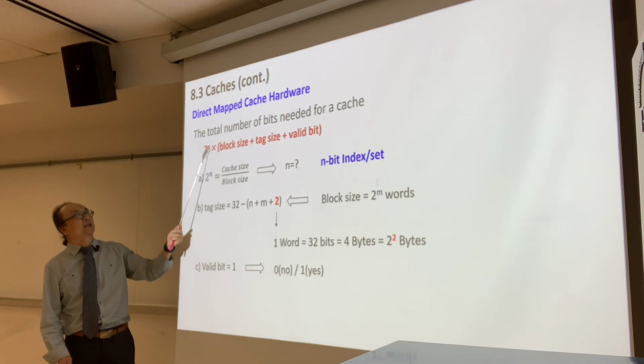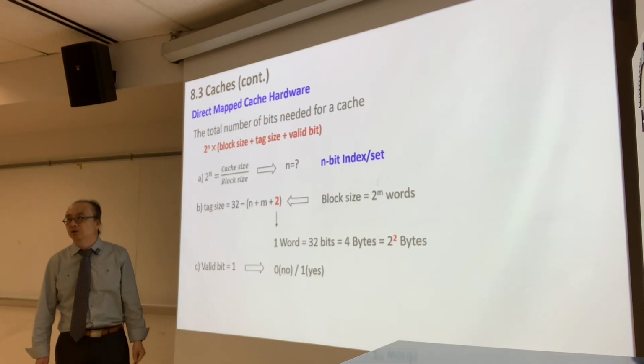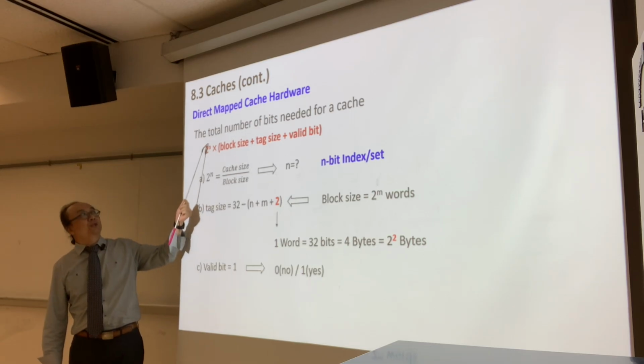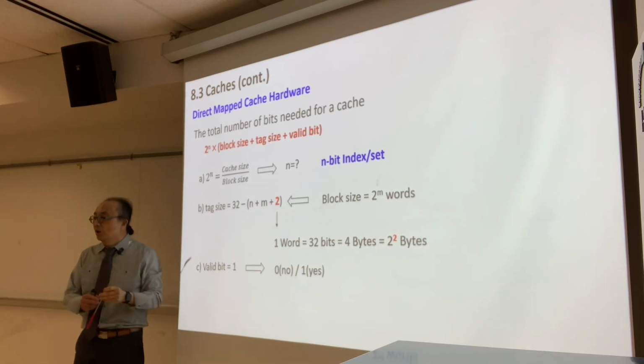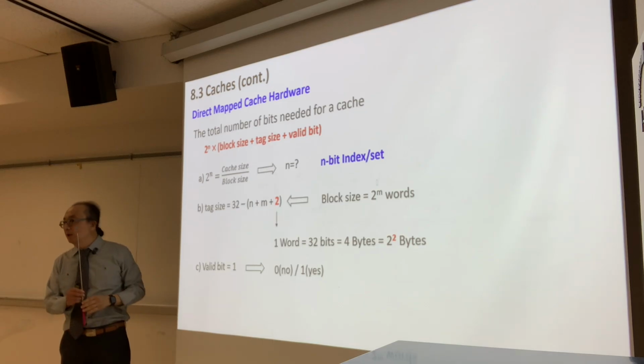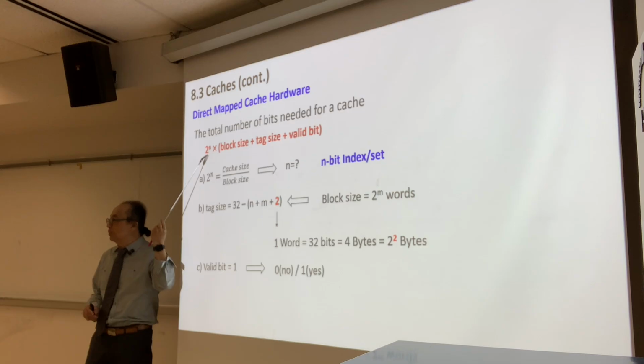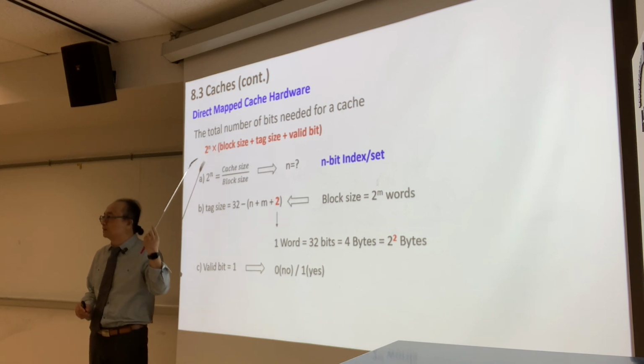And the 2 to the n times that is the actual cache size. Finding this cache size, 2 to the n is the vertical weight, right? Let's say we have 10 bits of index, then 2 to the 10, which is 1024, which means there are 1024 blocks.